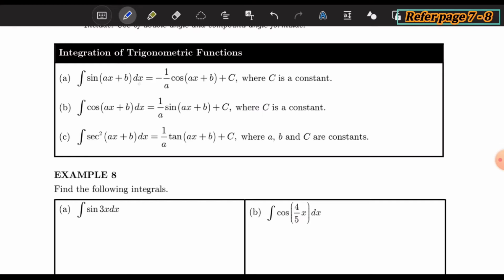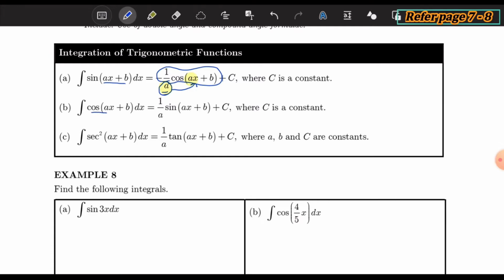Integrate sine ax plus b equal to negative cos ax plus b over a plus C. And over a here is from the derivative of the angle.